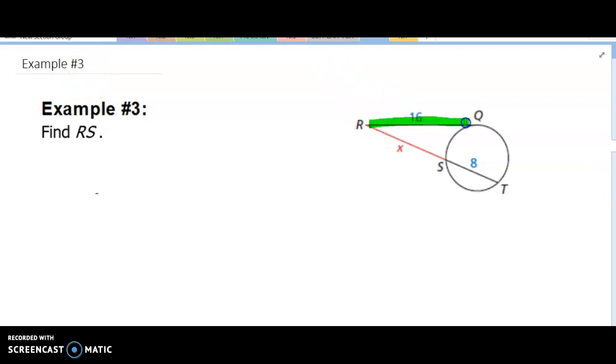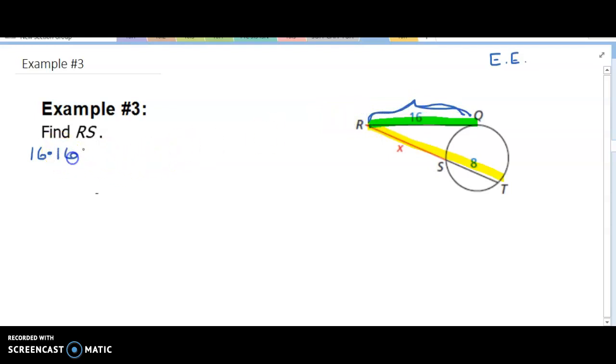All right, so here's one of my segments. Here's my other. I want to solve for X. So once again, I'm going to do double E, exterior times entire. Okay, so in the green, the exterior is 16 times the entire is also 16.